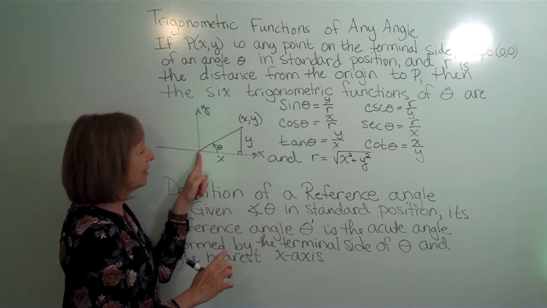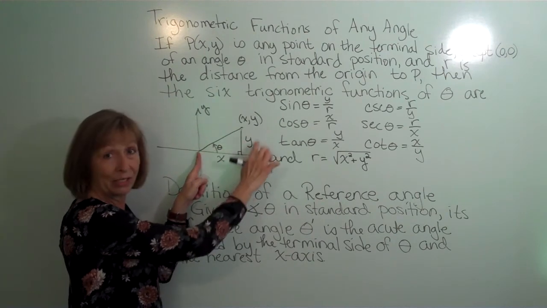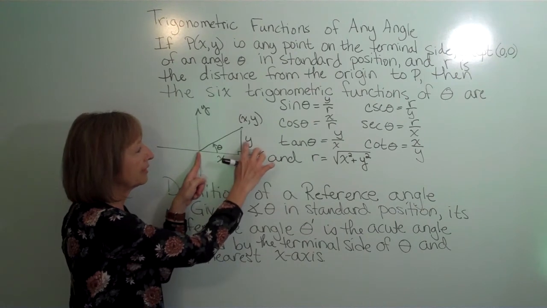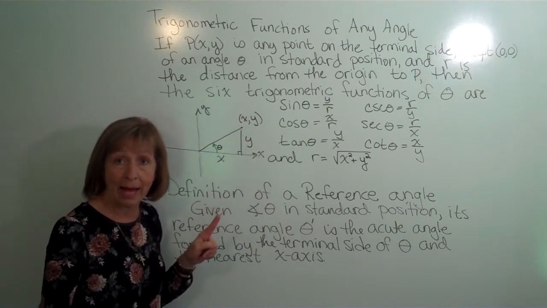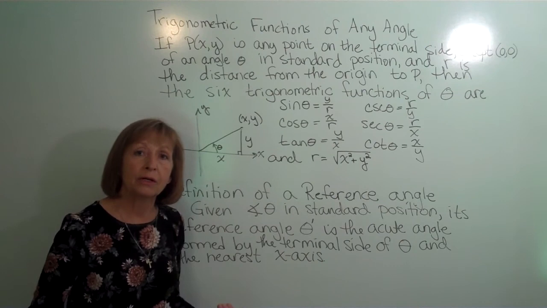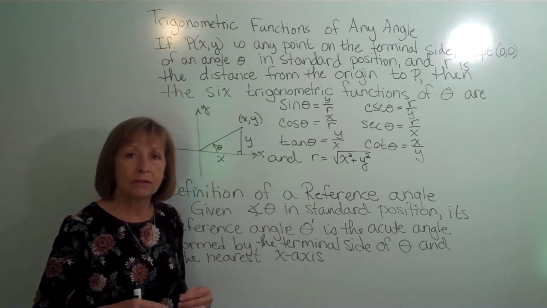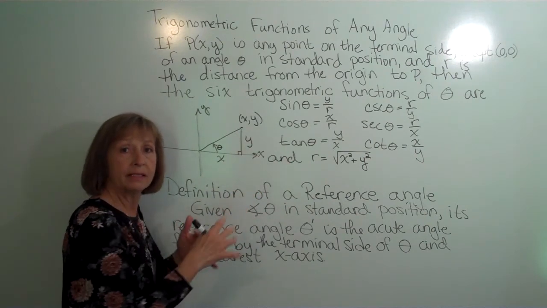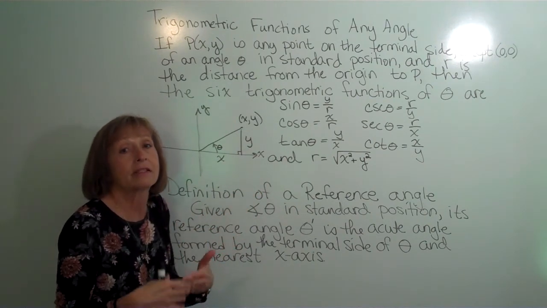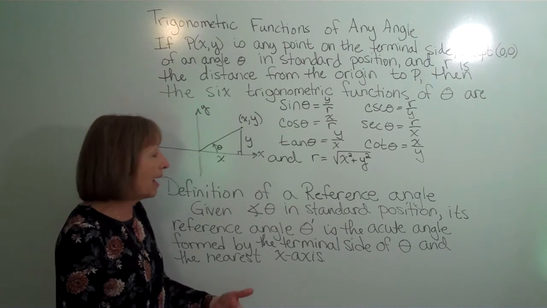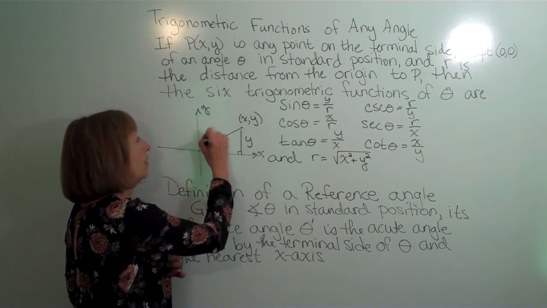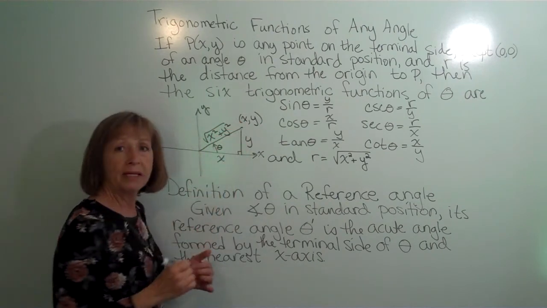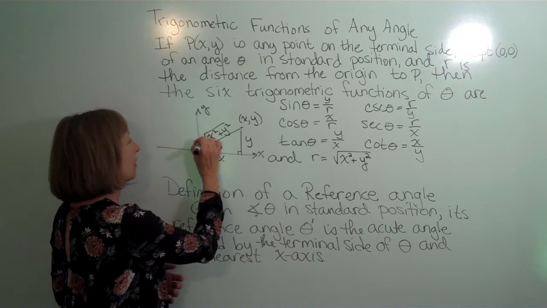When I think about the Pythagorean Theorem in this right triangle, leg squared plus leg squared is the square of the hypotenuse. So the hypotenuse itself would be the square root of x squared plus y squared. But to simplify things, we call that r.